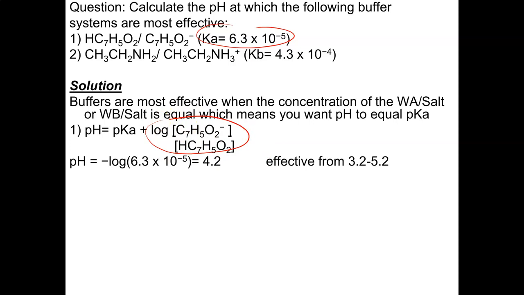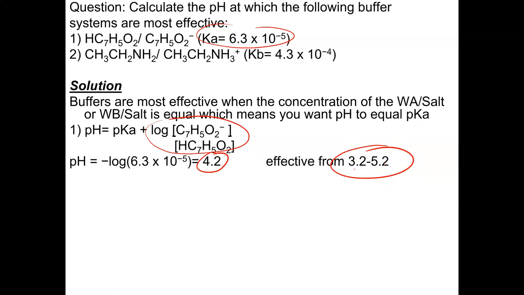I'm using Henderson-Hasselbalch to show you how the math works, but realistically, all you need to do is get the pKa. Just take the negative log of the Ka, and there's your number. That number represents where the buffer's midpoint is for effectiveness. So the range is going to be plus or minus 1 of this number. Minus 1 is going to be 3.2, plus 1 is going to be 5.2. So this buffer is most effective between 3.2 and 5.2.